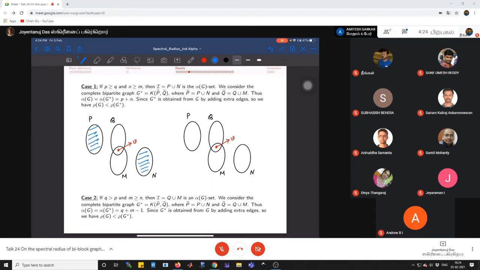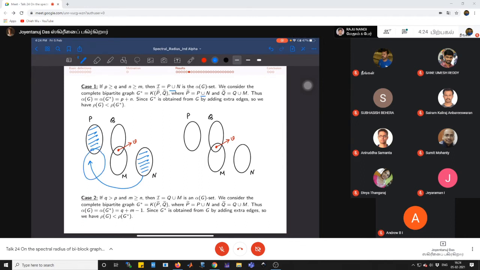If I take I to be P union N, then it is the alpha, because they are greater. And we consider the complete bipartite graph G star, where P tilde is P union N and Q tilde is Q union M. So I bring this partition to this side and add here.